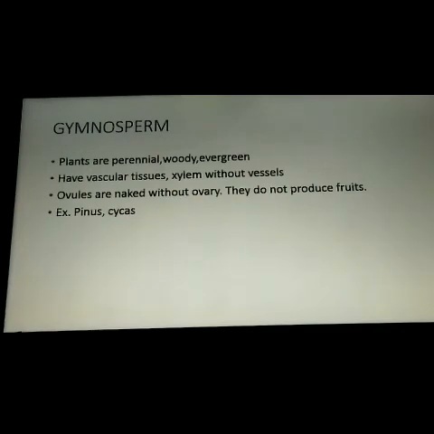In gymnosperm, ovules are naked and without ovary. Hence they do not produce fruit, because the ovules are naked in nature, and the seeds are also naked. For example, we can say Pinus and Cycas. These kinds of plants are gymnosperms.